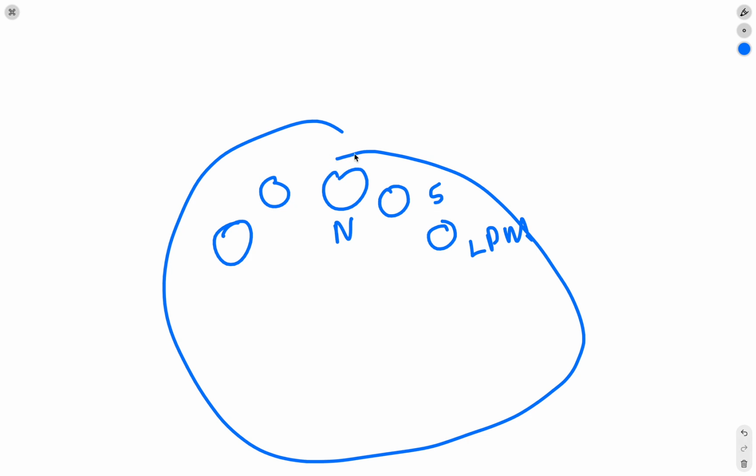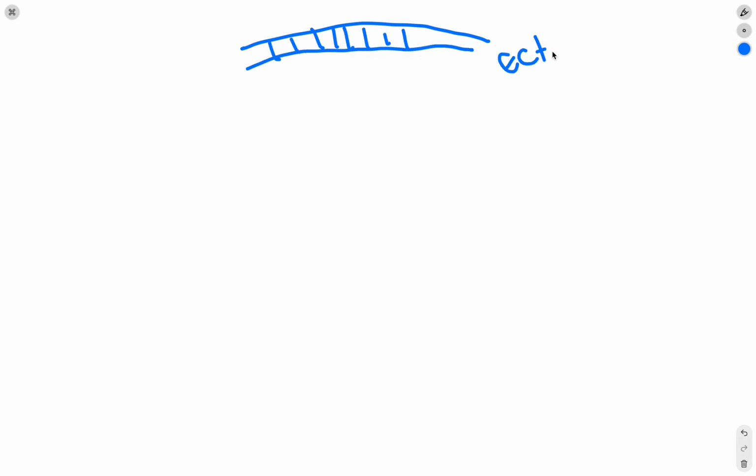When we look at this, overlying the notochord, and I didn't draw that very well, I'm just going to erase this and redraw it, zoomed in on the notochord, because what we're going to see now is that overlying the notochord is a layer of cells called ectoderm. The ectoderm is fated to form the skin, the epidermis, and the central nervous system, the brain and spinal cord.